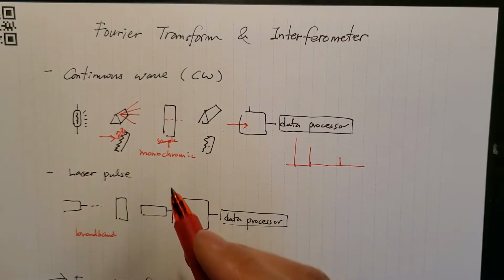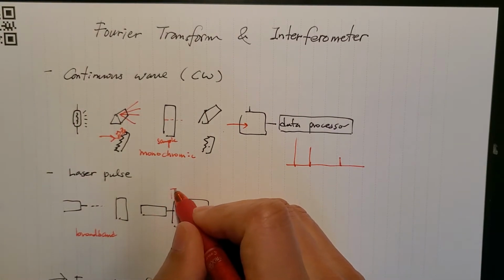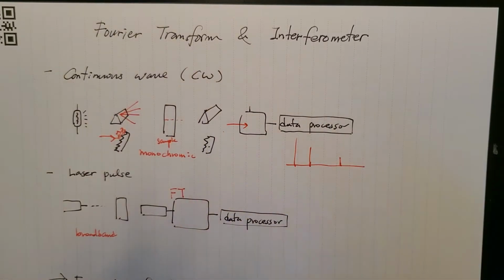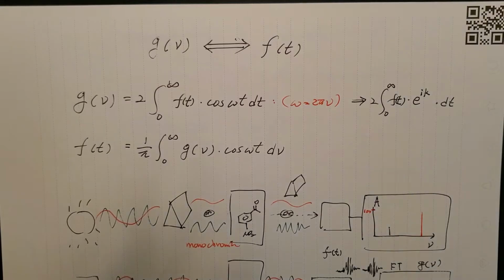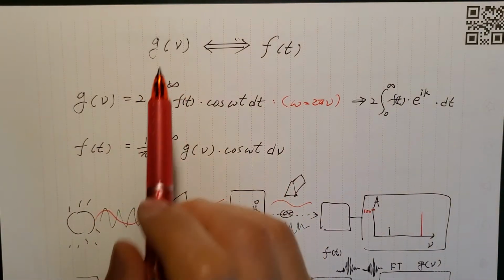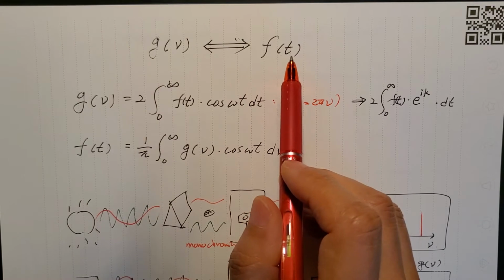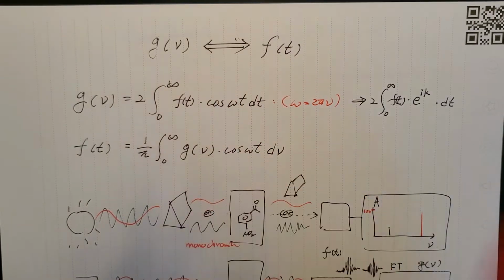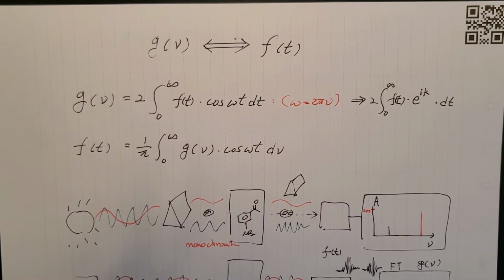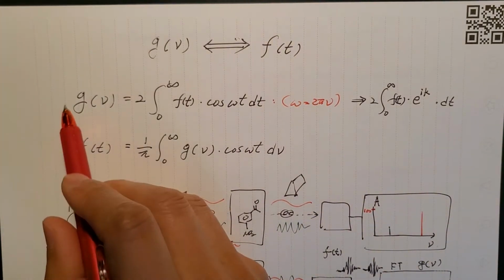And during the process, you can utilize Fourier transformation, the mathematical manipulation. This mathematical description can interconvert from the function of the frequency to the function of the time, or vice versa. And here again, I'm not trying to give you explicit mathematical manipulation, but I'm just trying to make a point.